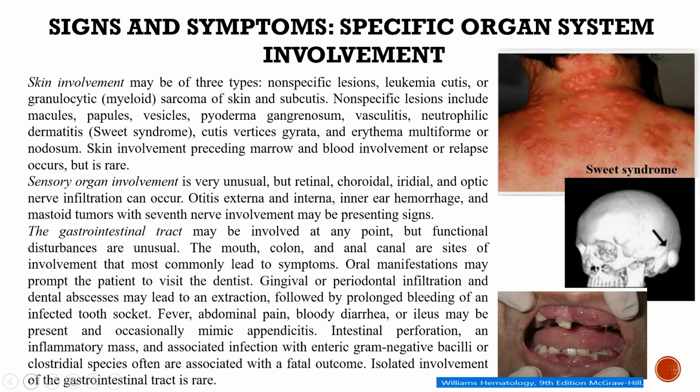The mouth, colon, and anal canal are sites of involvement that most often lead to symptoms. Oral manifestations may prompt the patient to visit the dentist. Gingival and periodontal infiltration and dental abscess may lead to an extraction, followed by prolonged bleeding from the infected tooth socket.